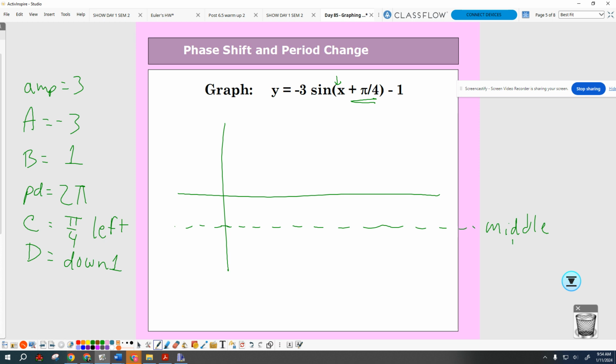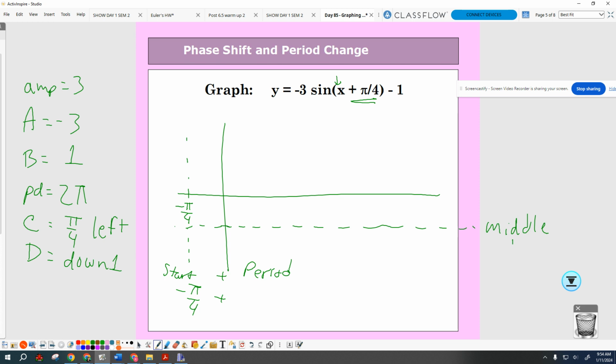And that C value is now what we need to deal with. We were told it's going to move pi over 4 to the left. So the start of my function is going to be at negative pi over 4. What is the period of this function again? 2 pi.